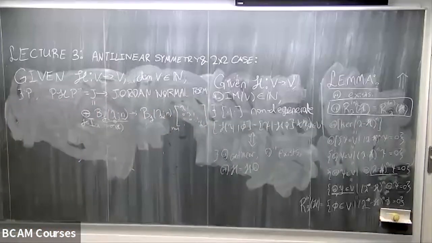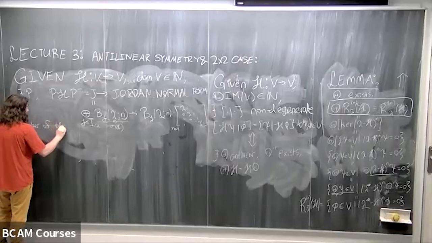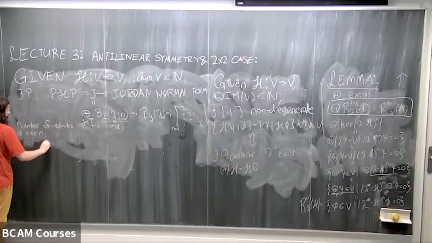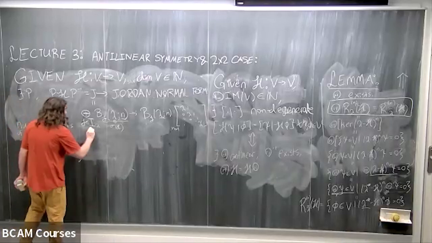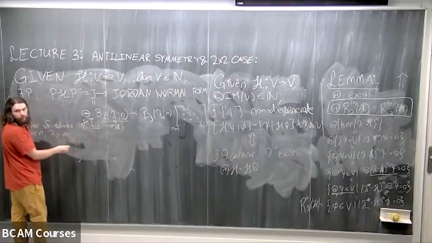And then what you could do is try to characterize the number of blocks of size n, according to the eigenvalue lambda. In this notation, that would be the cardinality of this index set.